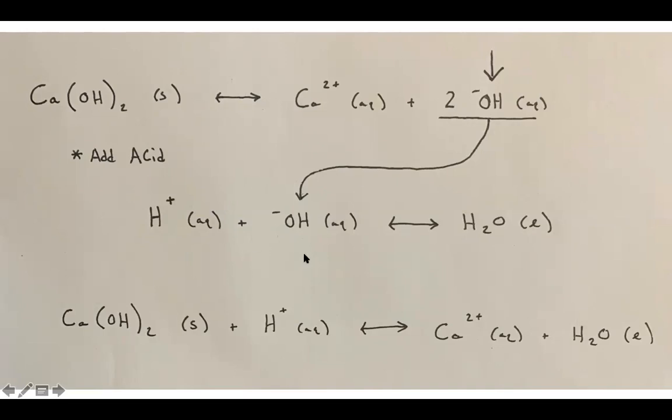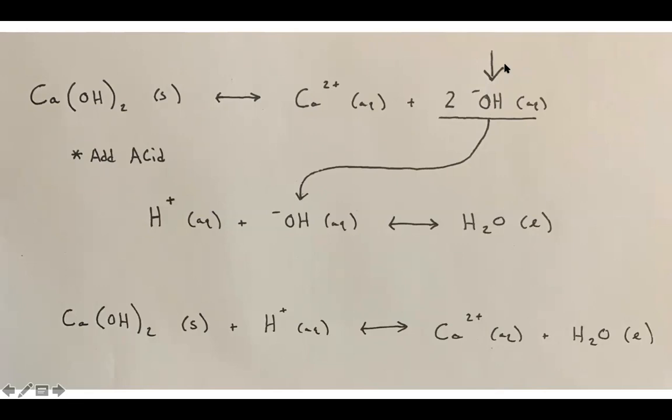Okay, but what basically happens is H+ reacts with the hydroxide, which is a product in this first equation, right, to produce water. Okay, so in essence, the presence of H+ is taking away OH-. So the amount of OH- is essentially decreasing.